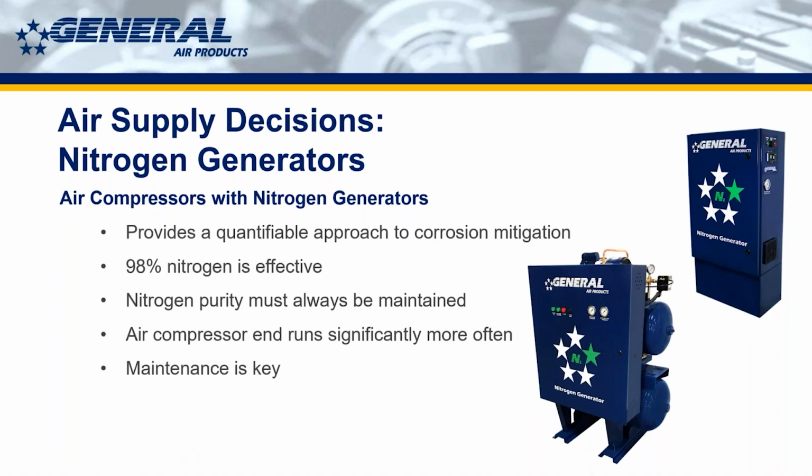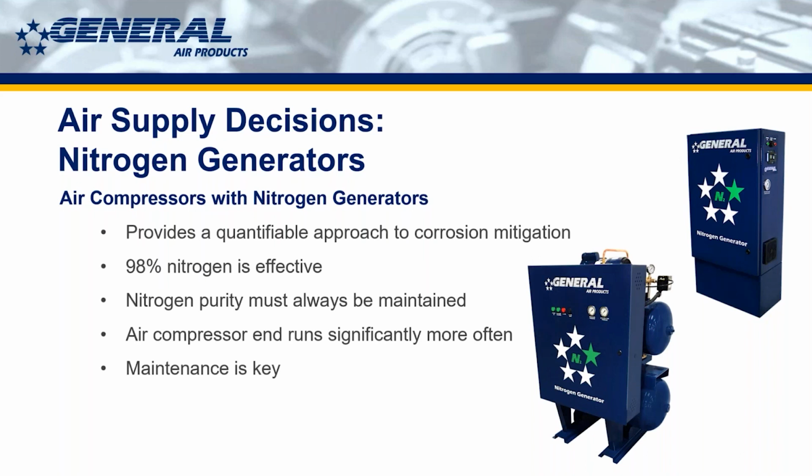Generators provide, in contrast, a quantifiable approach to corrosion mitigation. If you get your entire system up to 98% nitrogen, then you will not have corrosion taking place. Or, well, it mitigates corrosion, which means that it's significantly reduced corrosion. It's not completely eliminated, but it's significantly reduced.